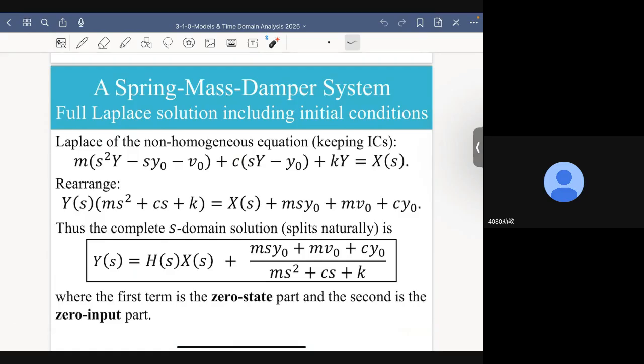Now, to simplify our analysis, the first thing we want to do is take Laplace transforms. Here, we'll keep the initial conditions. ICs here stand for initial conditions, not integrated circuit. You can see initial displacement here and initial velocity here.